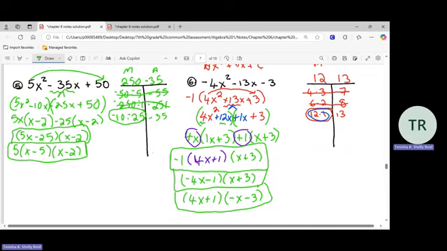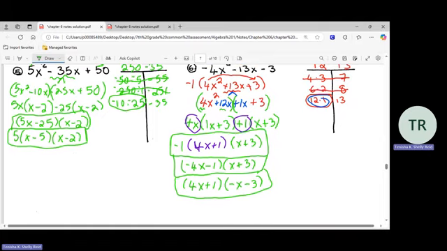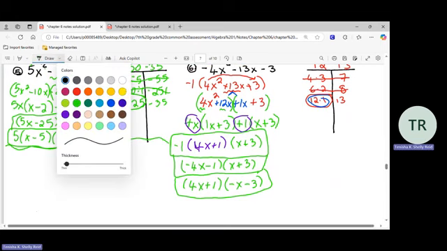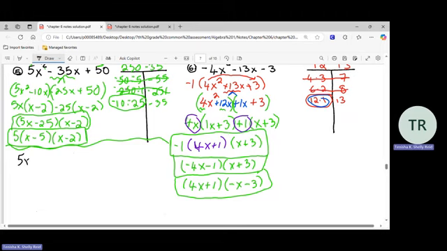All right. So the other way we could do this is, scroll on up. I'm going to write the problem, put it in black. 5x squared minus 35x plus 50. I want to know my t-chart, multiply and add.